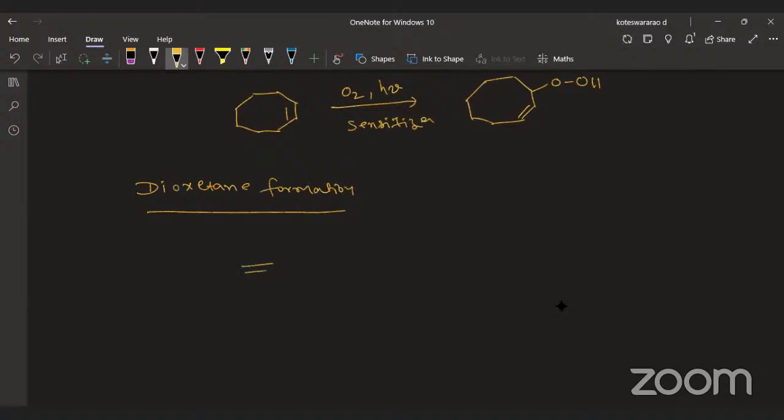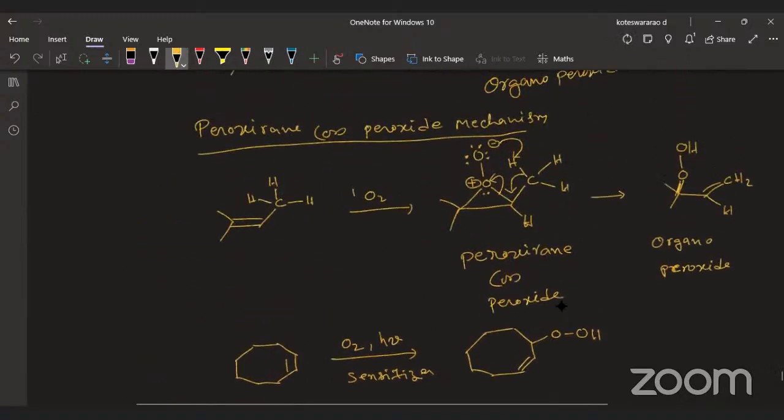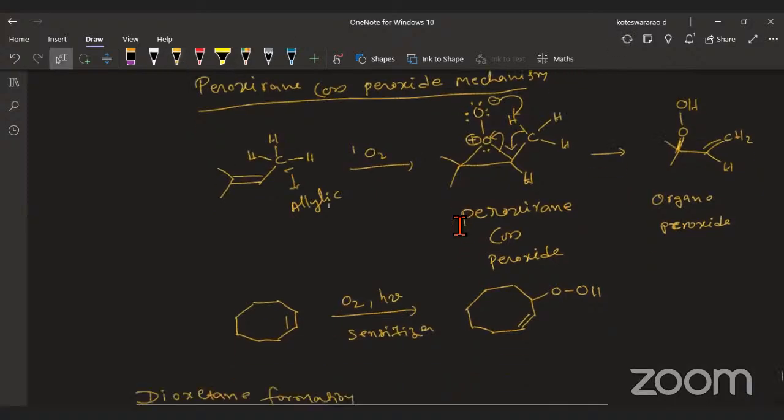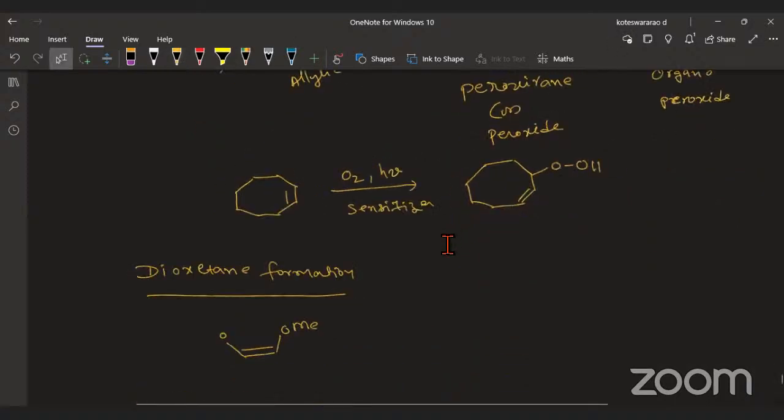The alkene system, a double bonded or olefin system without allylic or benzylic hydrogens. This is the allylic position. When this allylic position is absent, what happens in the same reaction with singlet oxygen?